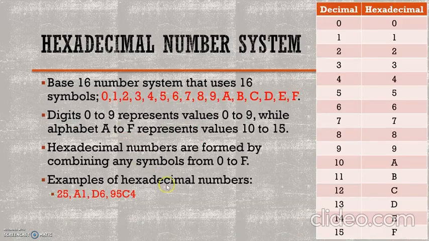The next number system that we are going to discuss is hexadecimal number system. Hexa means 6 and decimal is 10, so hexadecimal is base 16, right? Base 16 number system that uses 16 symbols.